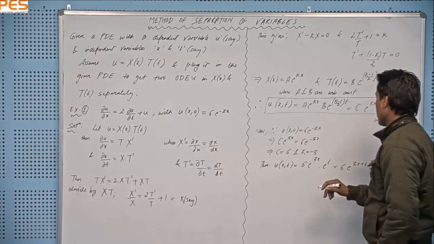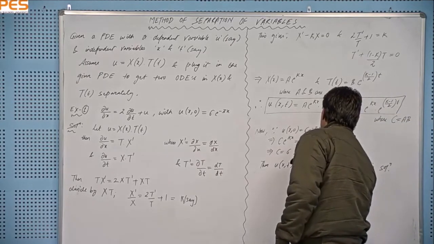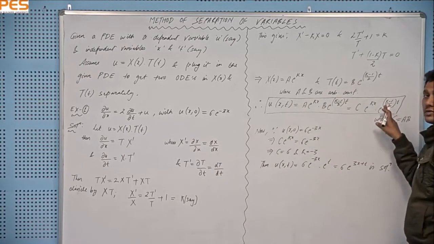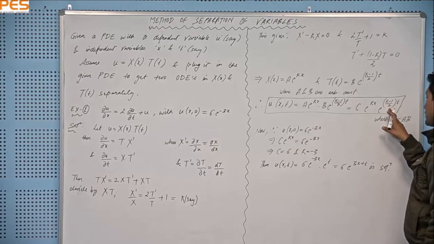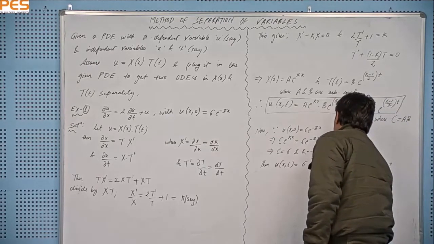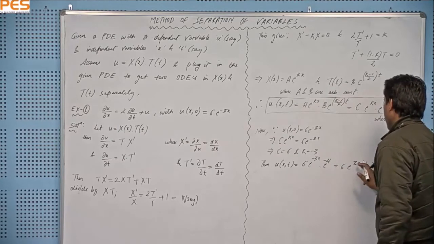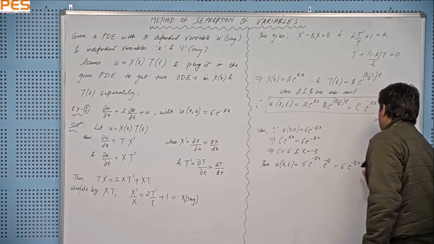K is equal to minus 3, sorry, minus 3, and putting minus 3 here will produce minus 4, minus 2t, and that will become minus 3x minus 2t. Fine.